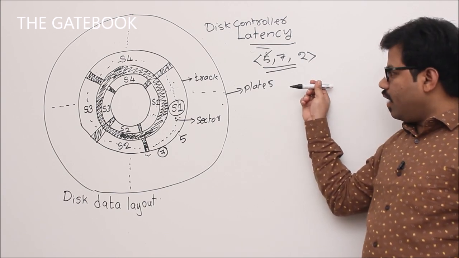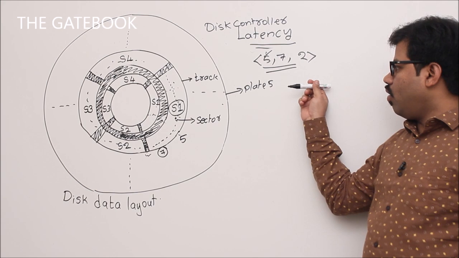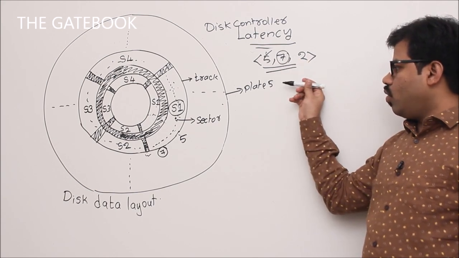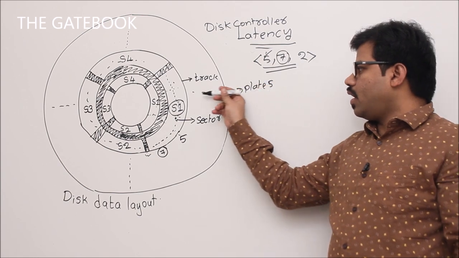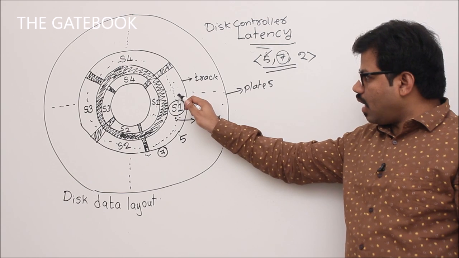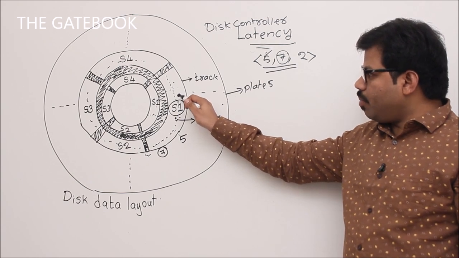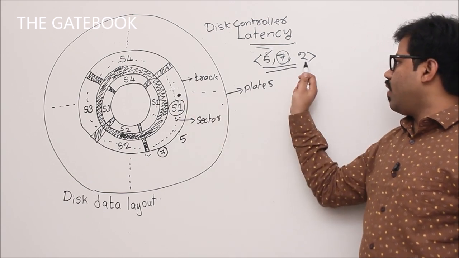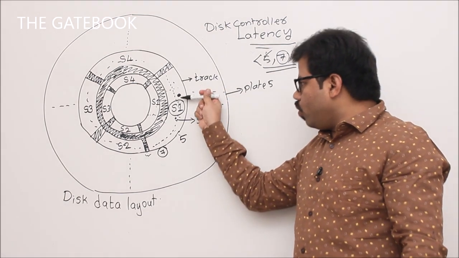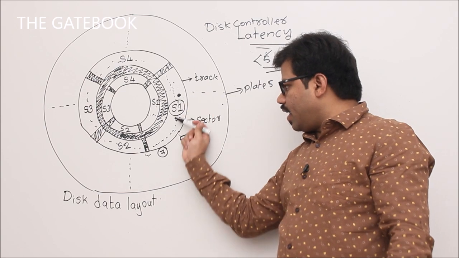The right head will be enabled first. Then it has to go to the 7th track. Slowly it will be moved like this and come here. Once it comes, the read write head may not be pointing to the desired address. What is our address? I want sector number 2. Then we have to move this IO head, or read write head, like this.